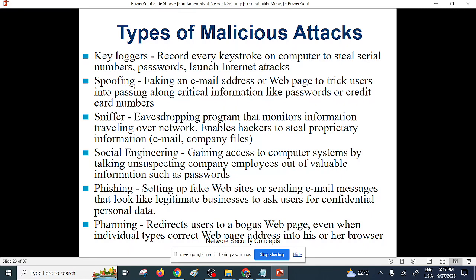A sniffer is a kind of passive attack. You can perform eavesdropping, right? You can also do some social engineering, gaining access to the system. Phishing is setting up fake websites to capture confidential information. Phishing is actually a very lethal attack because you can always have a particular page or website presenting itself as a legit website.